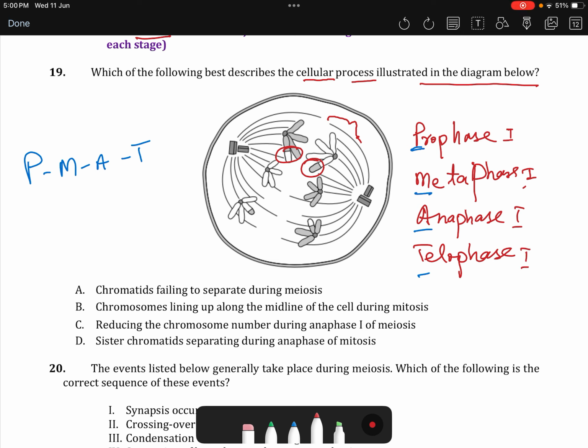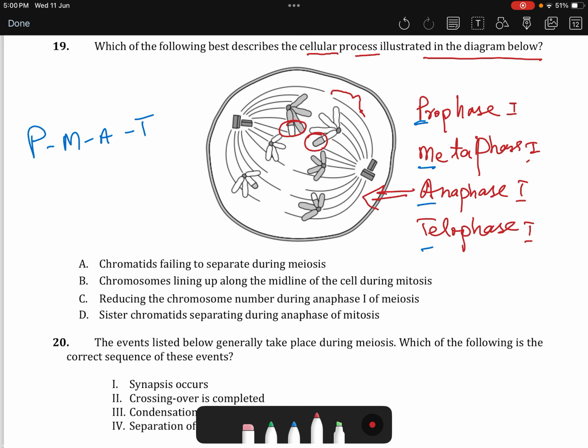Metaphase 1, homologous chromosomes line up at the equator. Anaphase 1, homologous chromosomes split and move to opposite poles. That's what's happening over here. And telophase 1, two new cells are made. Chromatids failing to separate, no. Chromosomes lining up along the middle, no. Reducing the chromosome number during anaphase 1, yes, this is what we are talking about.